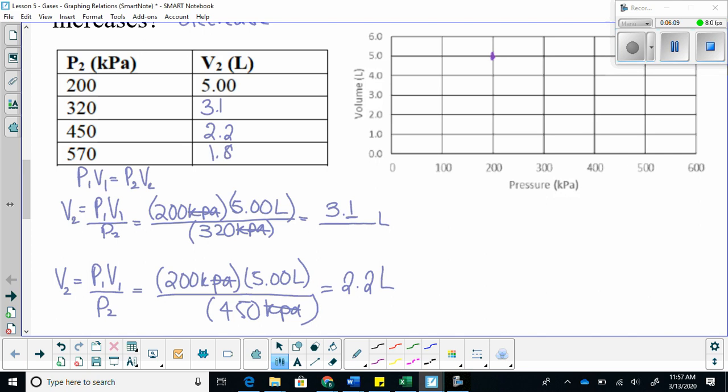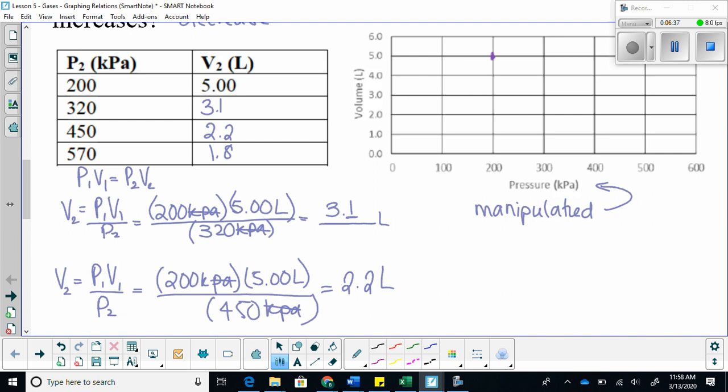Okay? Now, let's go over some graphing 101. Which variable goes on the x-axis? Manipulated or responding? Manipulated. Okay, your manipulated variable is always on the x-axis.